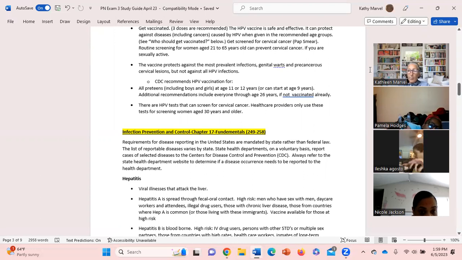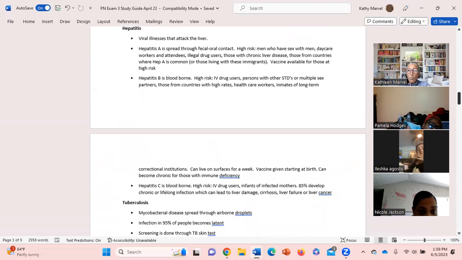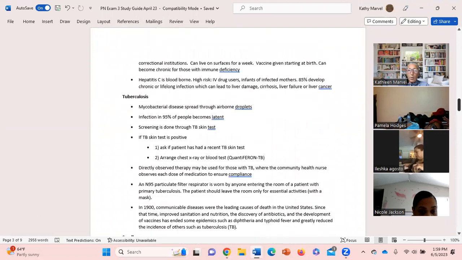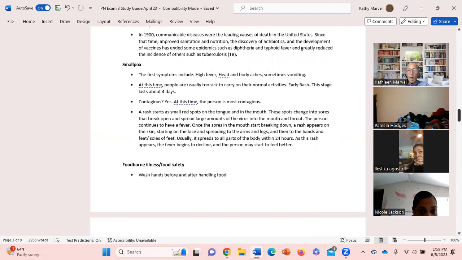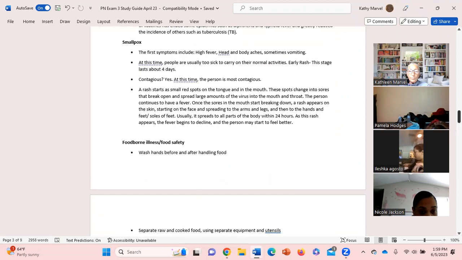We discussed hepatitis. Here's what you need to know about hepatitis. It's 4 bullets on that. Another communicable, infectious disease: tuberculosis, smallpox, food illness, and waterborne safety. So there's your 5 infectious communicable diseases that you need to know about. You're going to get asked about each one of those.